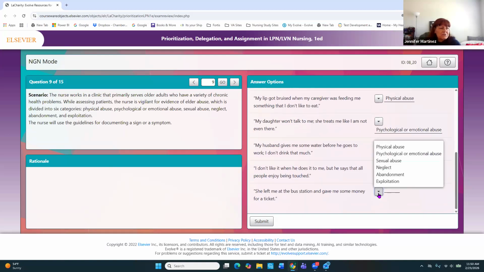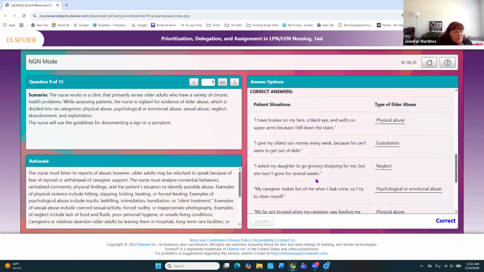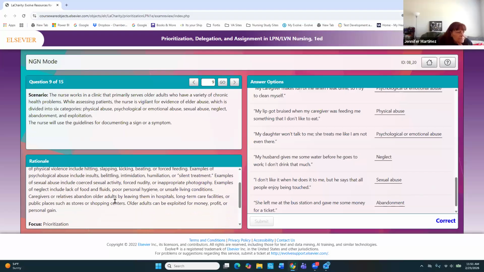Let's see what it says. Examples of neglect include lack of food and fluids, poor hygiene, or unsafe living conditions. So I guess just because he only gives her a small amount of water before he goes to work.